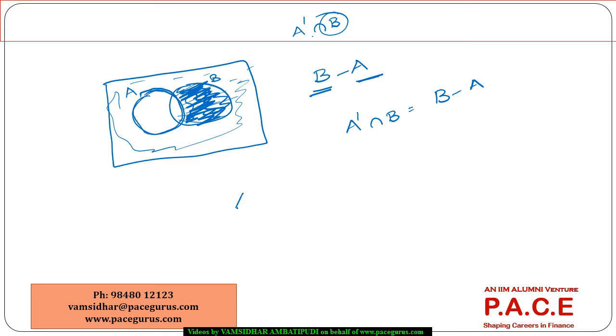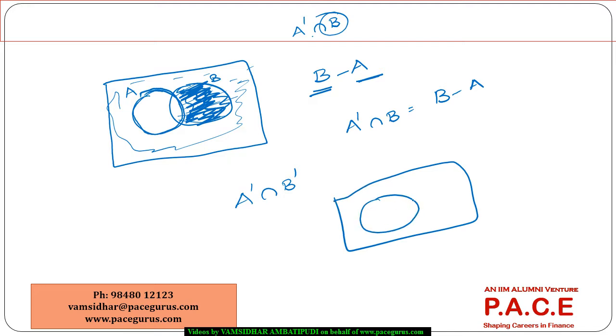Similarly, another example: A complement intersection B complement. How do you represent it? A complement is something that does not belong to A, so something that belongs to the B part along with the outside. Now B complement is something that does not belong to B, so it could be the A part along with the outside.